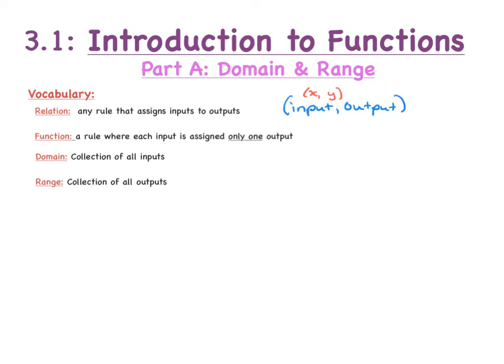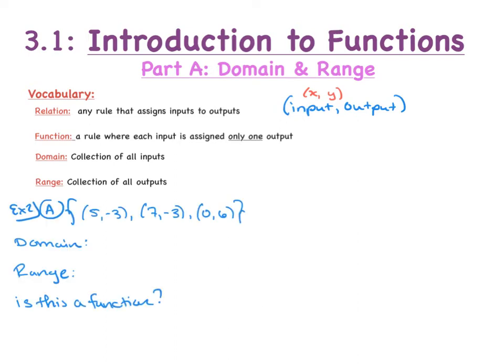So let's go back to examples similar to what we were just looking at. So let's consider the collection for the relation of ordered pairs (5, -3), the ordered pair (7, -3), and the ordered pair (0, 6). We're going to find the domain of the relation, the range of the relation, and is this a function or not?